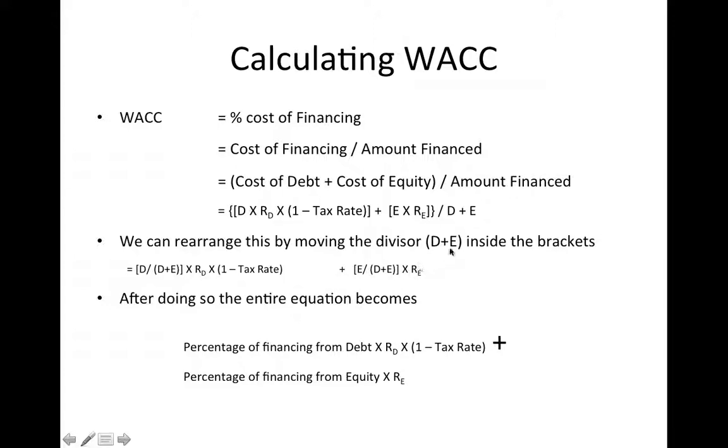So literally all we've done is take this thing, move it over to the left, and just sort of focus it on the D and the E. So it's a simple algebraic transformation.